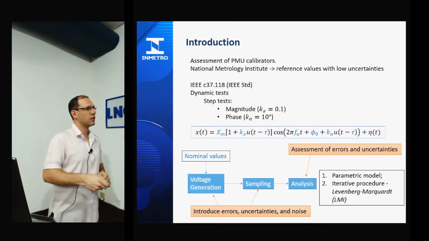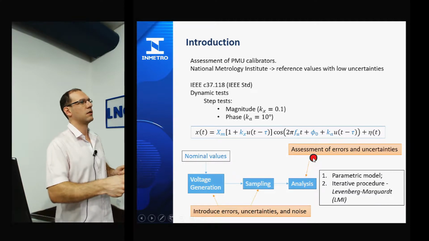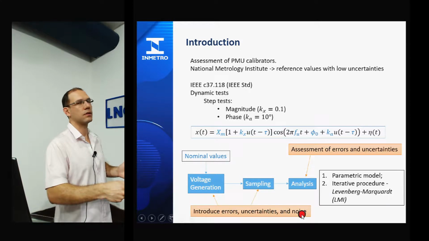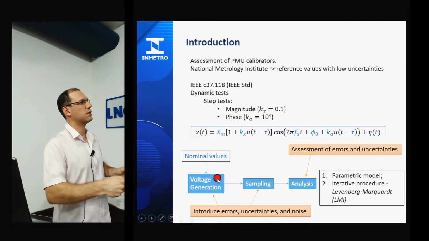So each algorithm we use for the analysis needs to be assessed regarding errors, uncertainties, and also noise, so we can have a way to assess the behavior of the hardware.